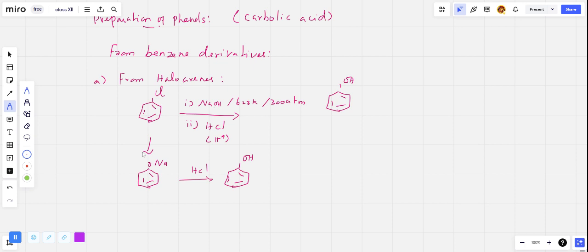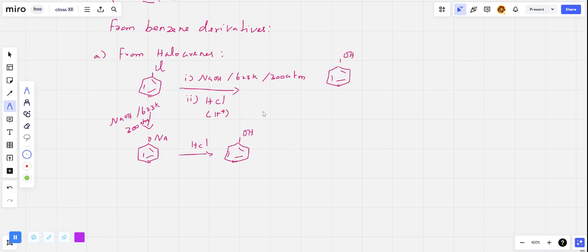In two steps, the first is NaOH at 623 Kelvin and 300 atmosphere, and the second step is HCl. Either way you can represent the chemical equation. So the first method is from haloarenes.